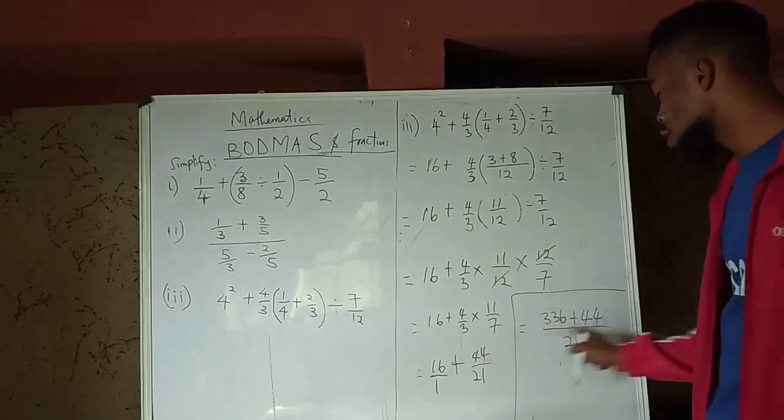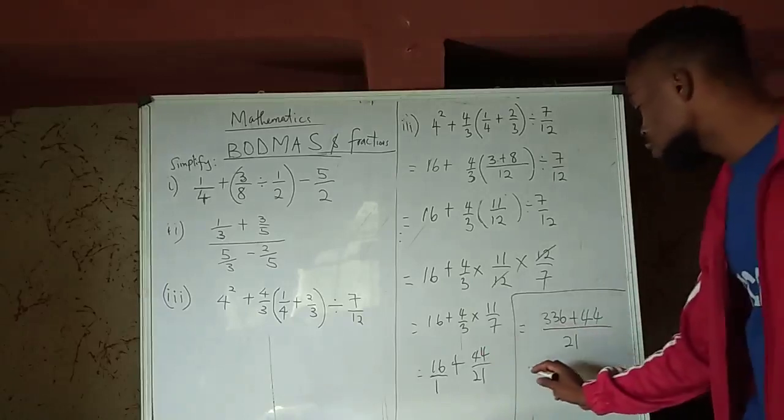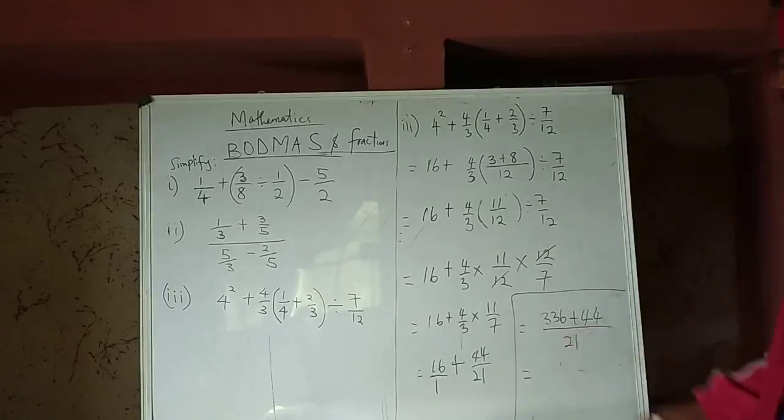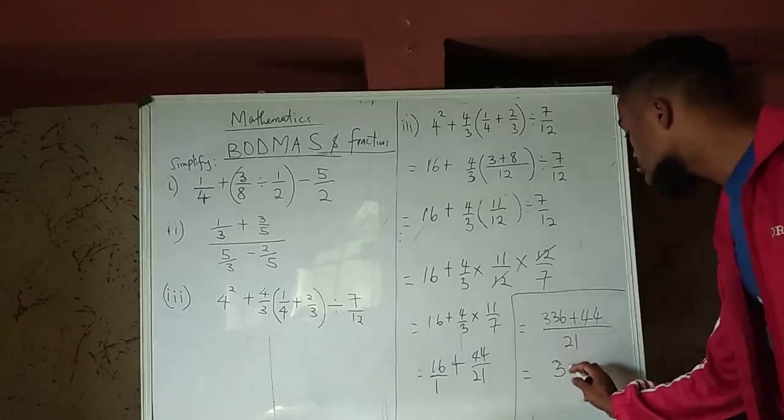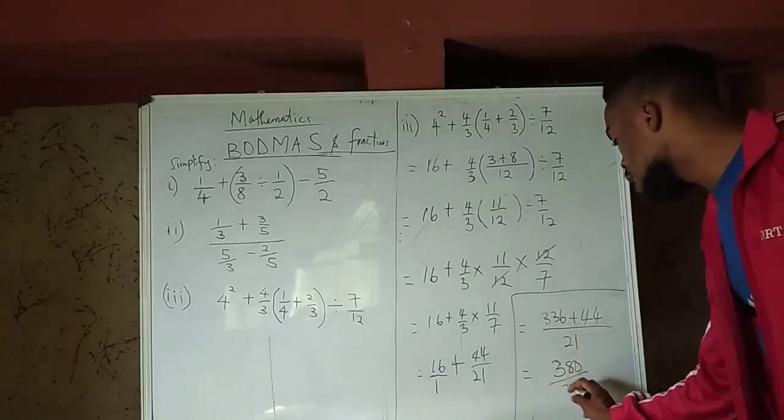That 1 times 44 gives us 44. So we are going to add this. When we add 336 and 44, everything here will be 380 divided by 21.